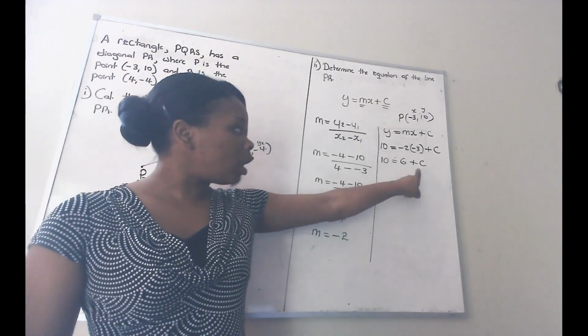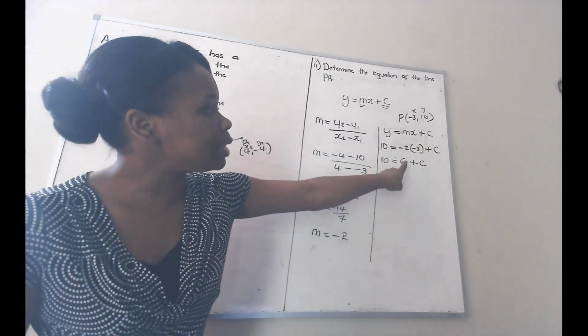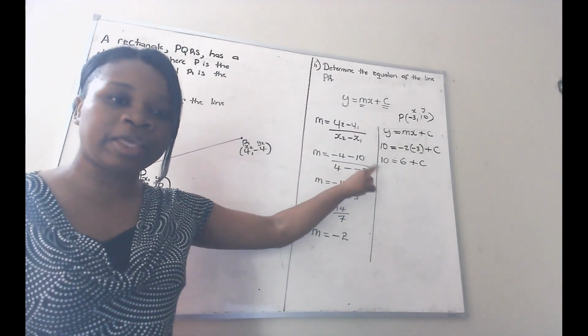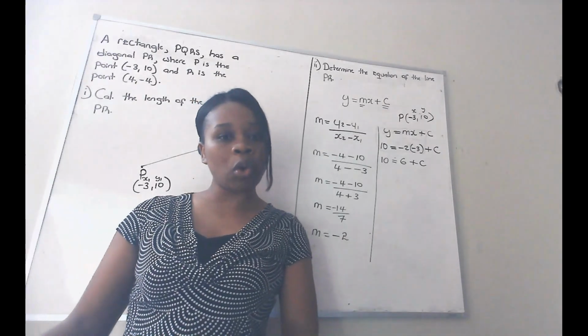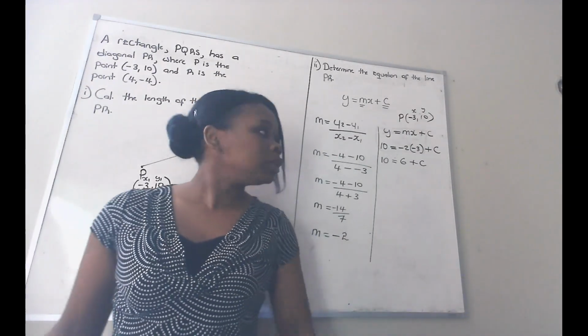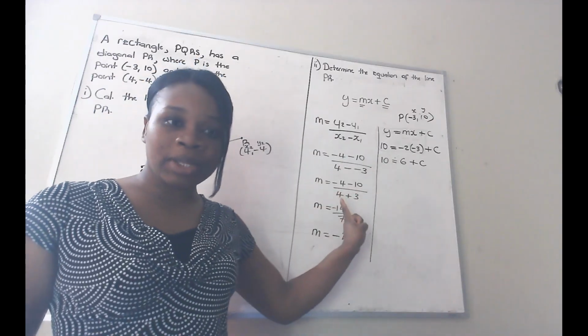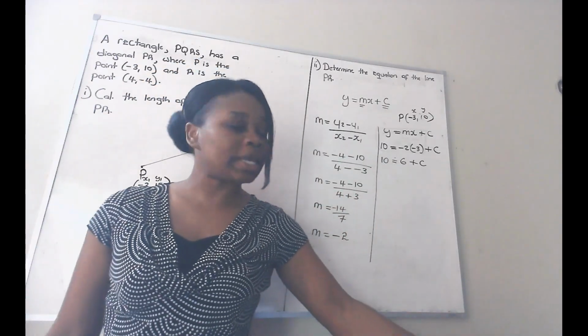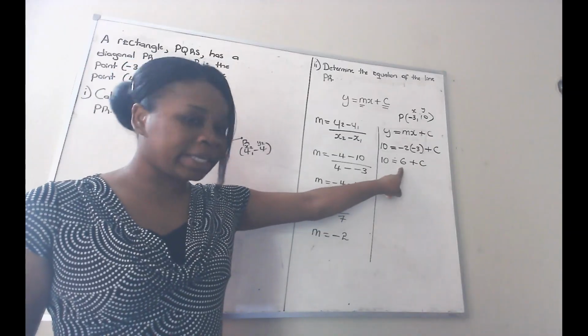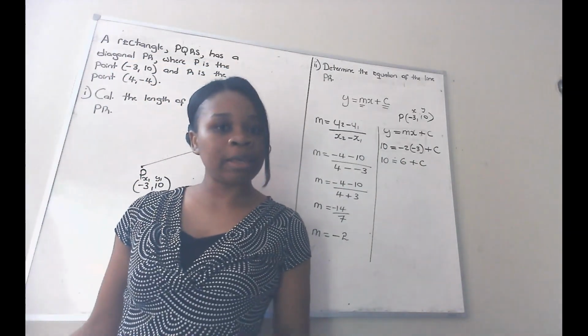So, in order for us to have C by itself, we need to take this 6 over the equal sign. When it goes over this equal sign, the sign will change. So since it's positive on the right, when I bring it on the left, it's going to be minus. And if it were minus here, when I bring it over the equal sign, it would be plus.